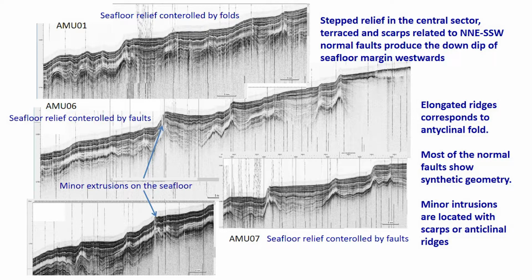The examples for the central sector show a marked steepened morphology. Scarps and terrace reliefs like that. You can see this scarp, or this one, or also this one here, are controlled by normal faults.